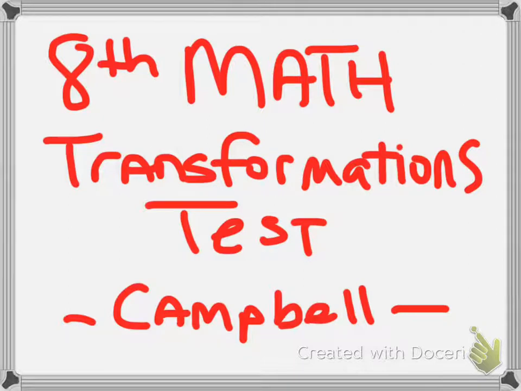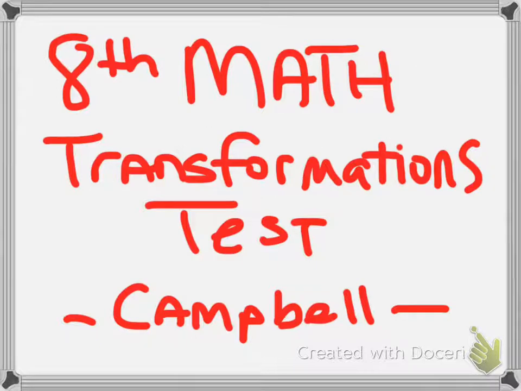Which statement is true? You're going to pick F, G, H, or J. F says pentagon M'N'P'Q'R' is larger than pentagon MNPQR. I honestly don't know how to say that with a little hash mark, so you guys read that.